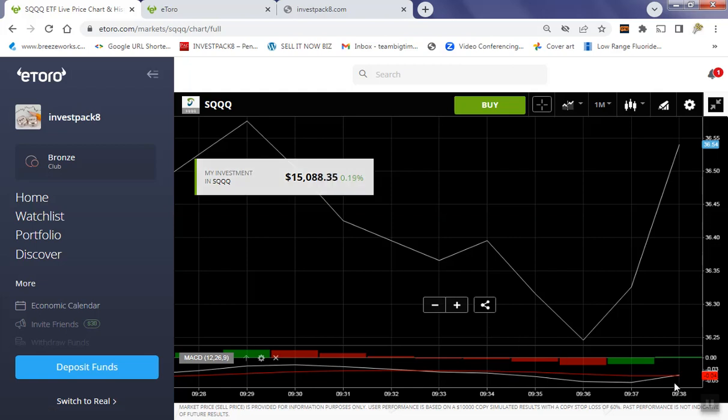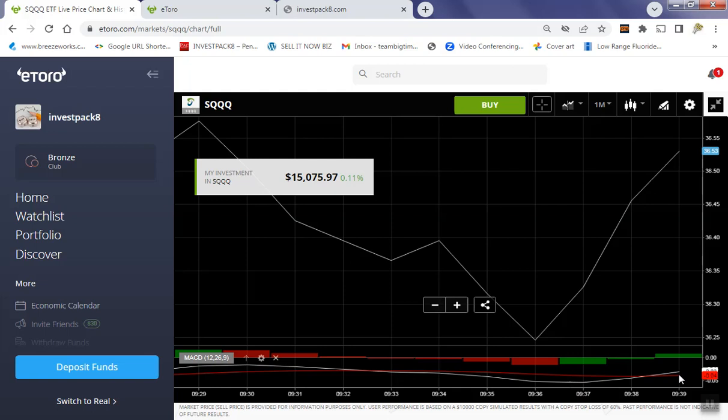And you see our MACD is crossing the line. It's breaking through what you call resistance. There we go. Breaking on through.